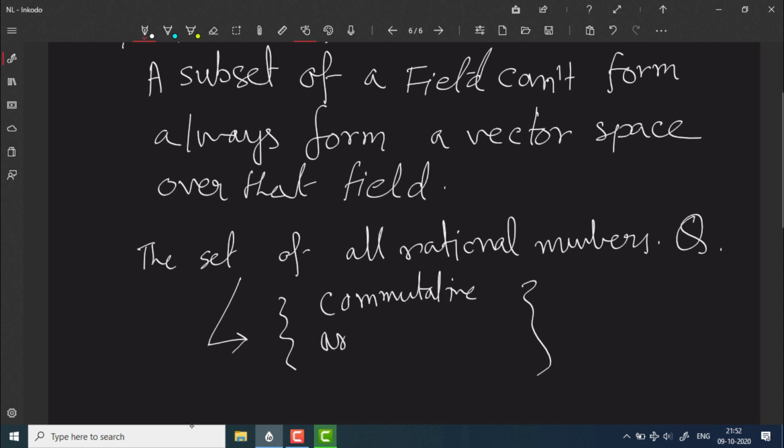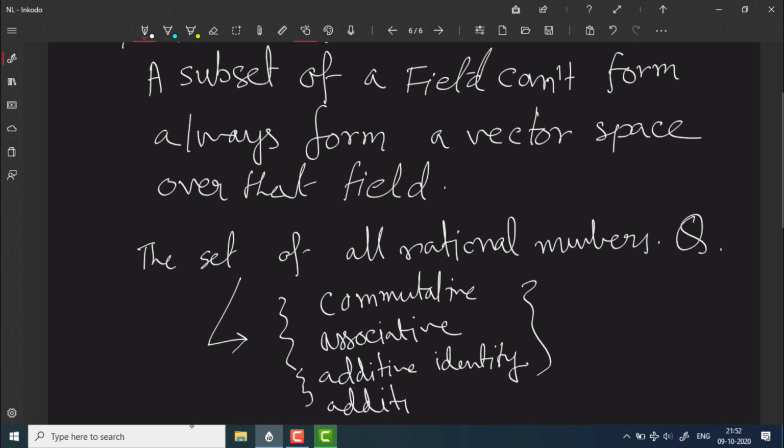Then the existence of additive identity and additive inverse.